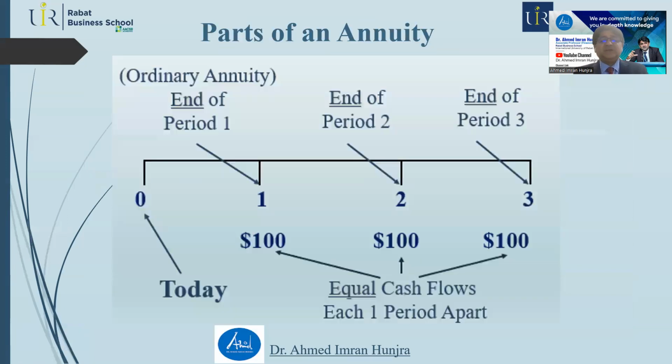So if we have a case of annuity, it can be an ordinary annuity or an annuity due. Either way, we can solve it in two ways. One is piece at a time: we solve each individual cash flow. The second method is to use the annuity formula, meaning group at a time.